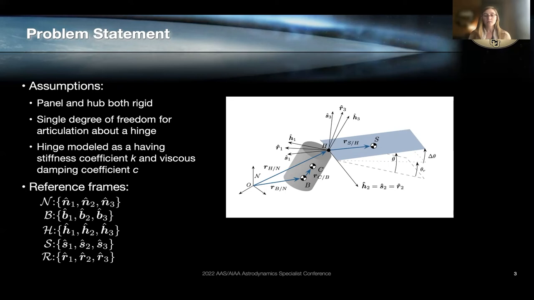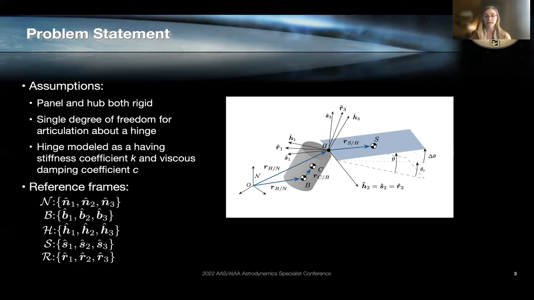The hub we're also assuming to be perfectly rigid, so the only non-rigid element of this multi-body system is the articulation about the hinge. That's all happening, we assume, along this one axis, and we model the hinge as essentially a torsional spring. So it has a stiffness coefficient K, which is proportional to the displacement angle, and a damping coefficient that's proportional to the angular rate.